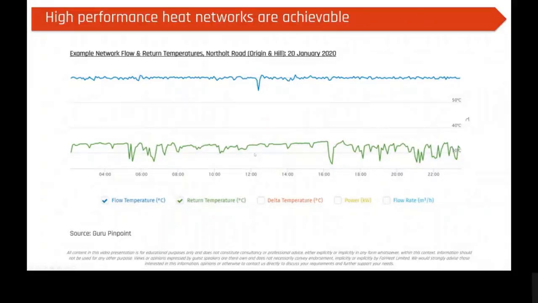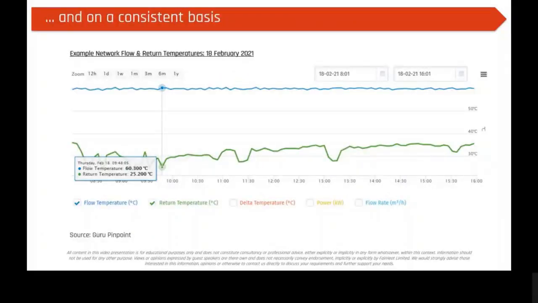So this is a 60-30 heat network that was planned at design, with the key characteristics specified to get those low temperatures of 60-30 planned all the way through, and then tested prior to handing over to make sure it was delivering 60-30. And a year later, that operation is maintained consistently. So 12 months after handover and occupation, we're still seeing that 60-30 temperature profile.